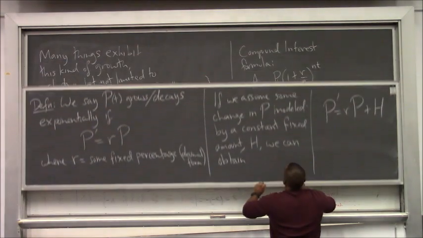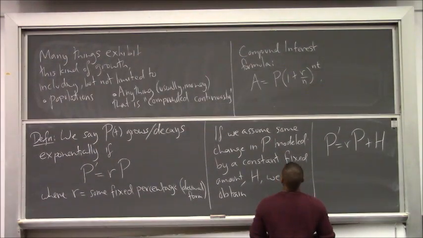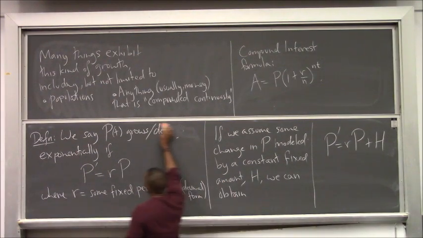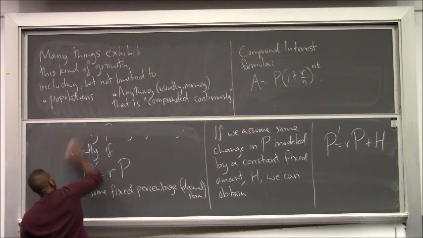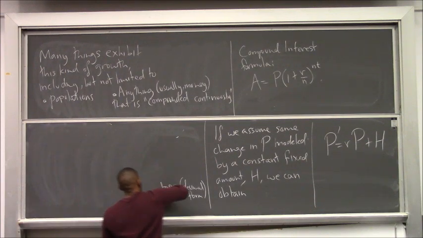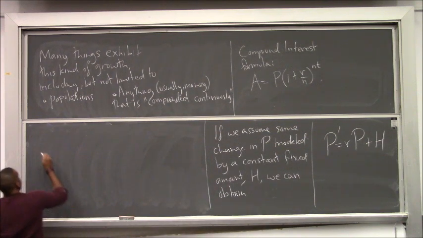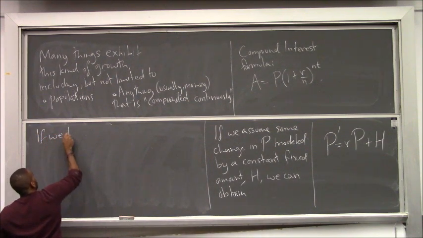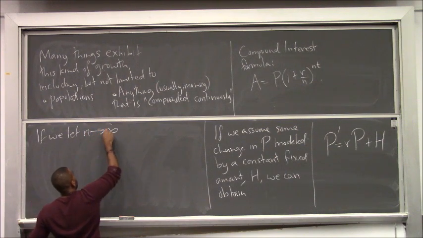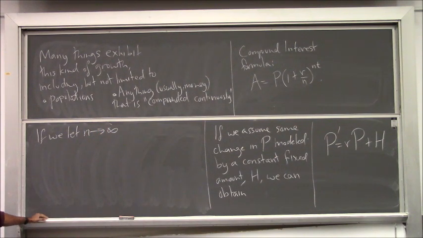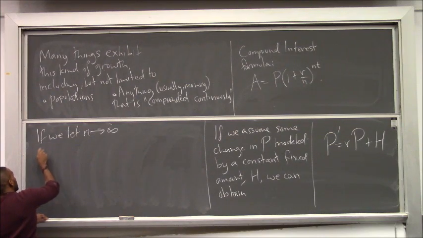Now, compounded continuously means we let n approach infinity. So the number of times they're being hit with interest on this account, if we let n approach infinity, you will notice the following happening.